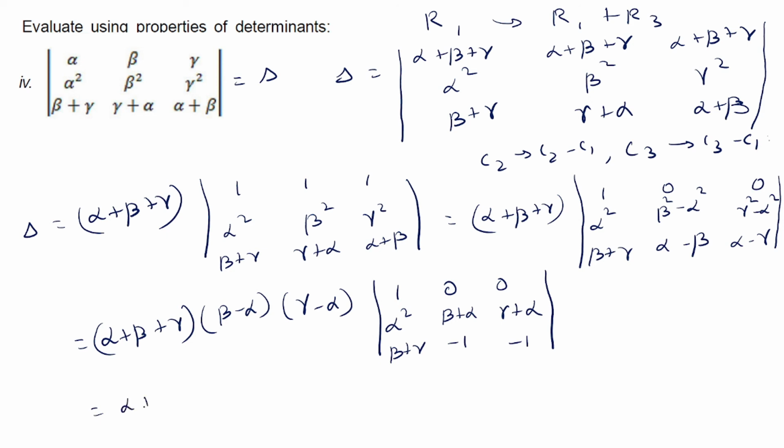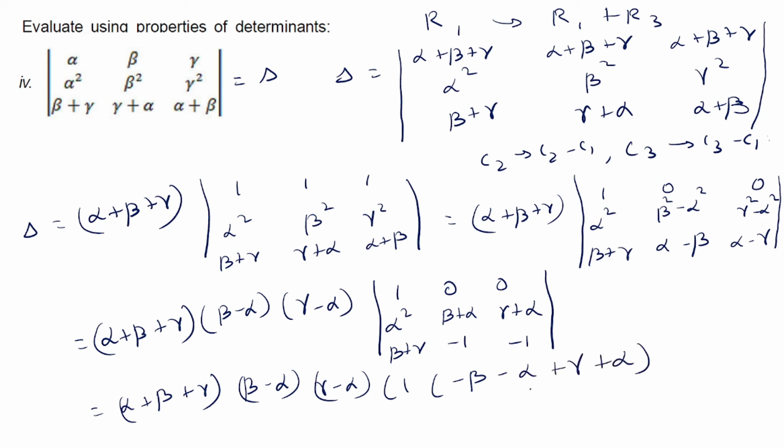So this is equal to alpha plus beta plus gamma into beta minus alpha into gamma minus alpha into 1 into minus beta minus alpha plus gamma plus alpha. So minus alpha plus alpha will go. So this is equal to alpha plus beta plus gamma into, here we can change the sign.